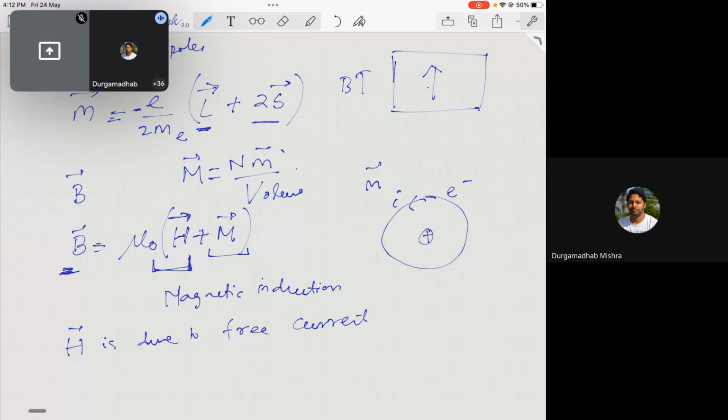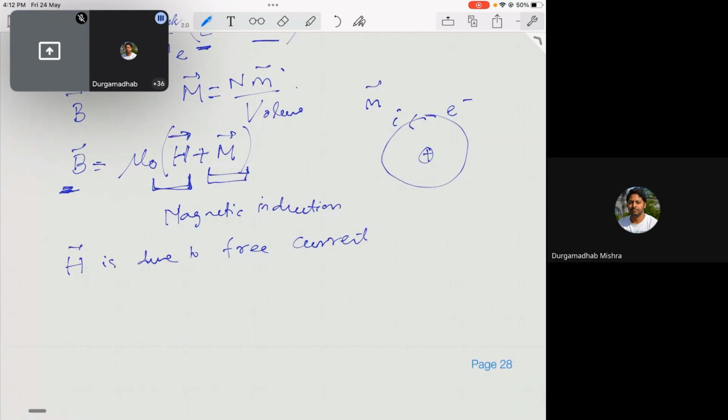That gives rise to your magnetization, and the free current, if you connect a wire to a battery, gives rise to H. Both contribute to your total magnetic field B, and they are related by this relation.